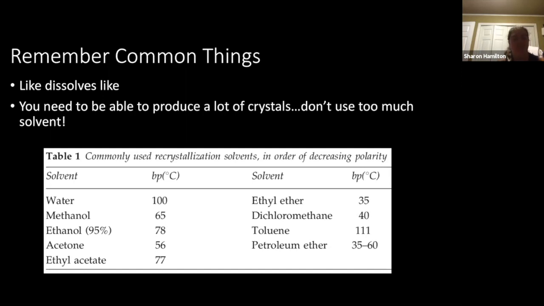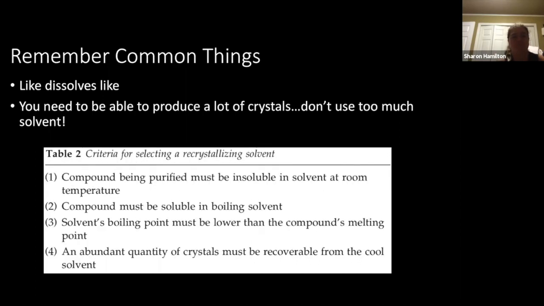Table 1 in your lab book is a list of commonly used recrystallization solvents, and they happen to have listed them in order of decreasing polarity. All of these you should be able to look up and determine what their structures are, with the exception of petroleum ether, that's actually a mixture of hydrocarbons, so there isn't a specific structure for what that looks like. Table 2 in your book is a list of requirements for selecting your recrystallization solvent.